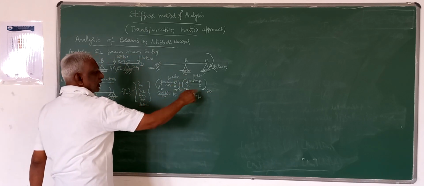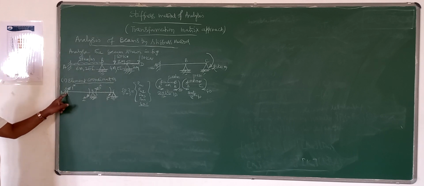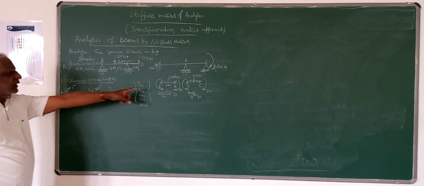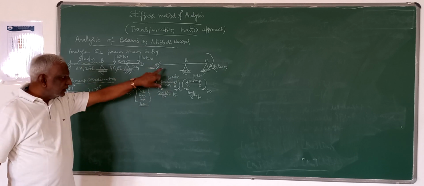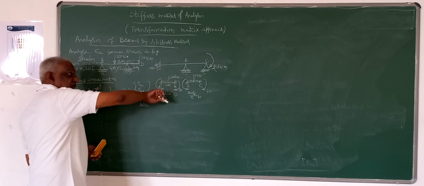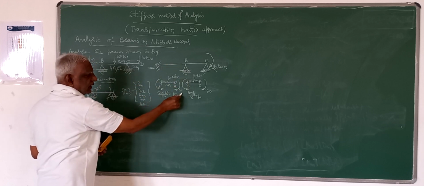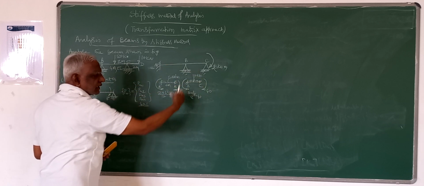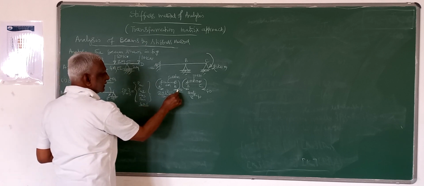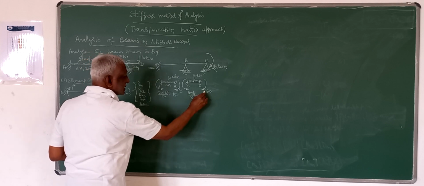This is minus WL by 8, this is plus WL by 8, because the element coordinate positive direction I have taken clockwise positive, but here the fixed end moment will be anti-clockwise because the applied moment will be clockwise, resisting will be anti-clockwise. Here applied will be anti-clockwise, resisting will be clockwise. So likewise here also. So this moment I will take as minus, this as plus, this as minus, this as plus.